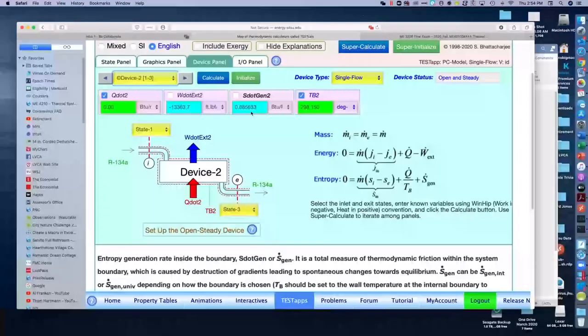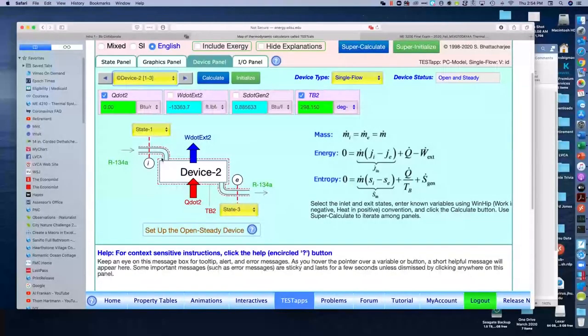Had I gone back to the device panel, I only generated the device panel for the isentropic condition. I could, if I wanted to, set up another device, and have that device being the actual compression going from state 1 to state 2. Again, no heat transfer. And in this particular case, I would then have a higher value of work, and it would be this work that I would divide this work by to get that isentropic efficiency.